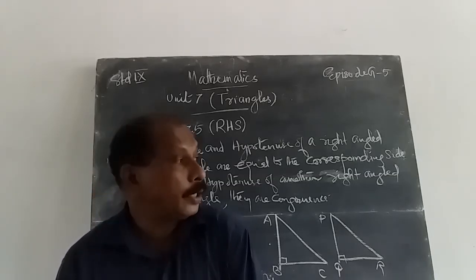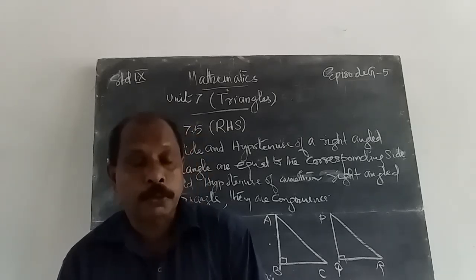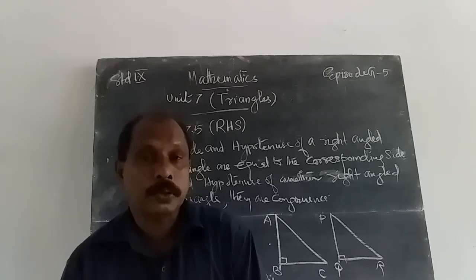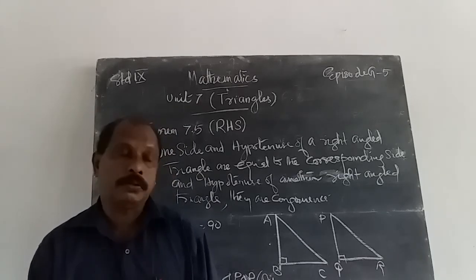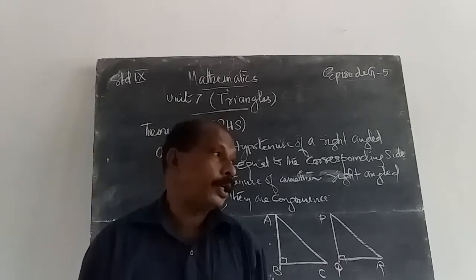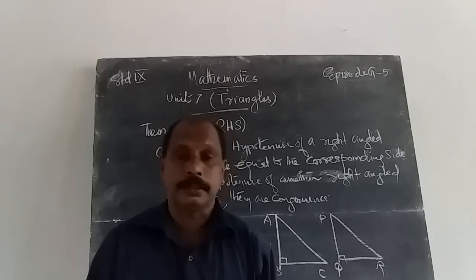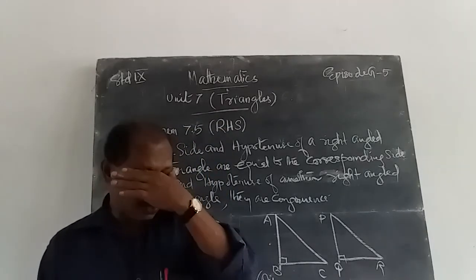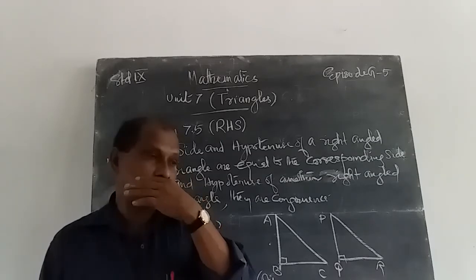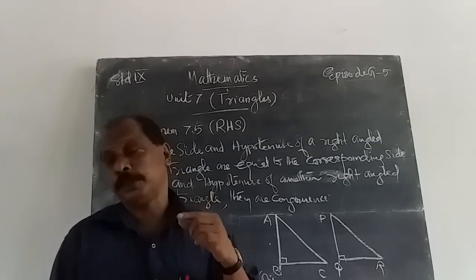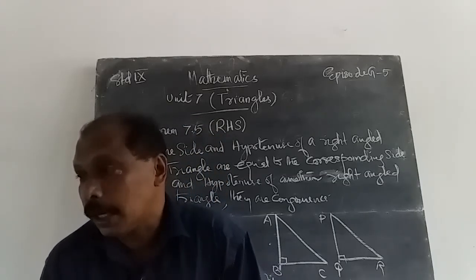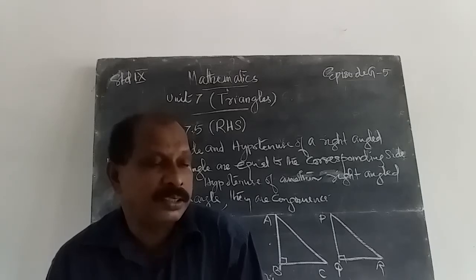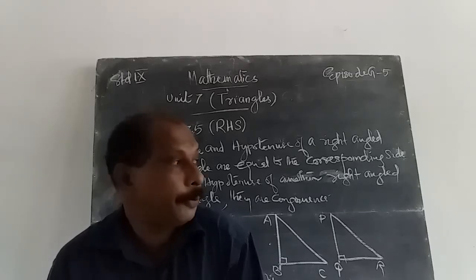That is, two angles and the included side of a triangle are equal to the corresponding two angles and the included side of the other triangle, comma, they are congruent. Then the third one is the angle side criteria or theorem. That is, two angles and a side opposite to one angle are equal to the corresponding two angles and side of the other triangle. They are congruent. That is the angle side criteria.